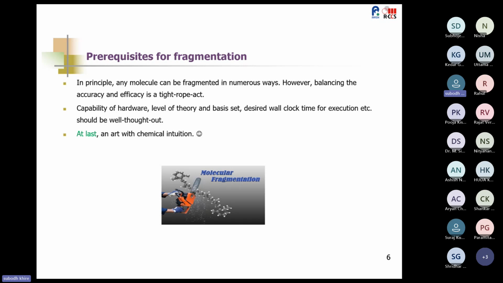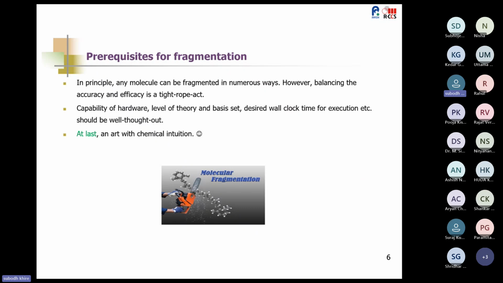So you can make the fragment as large as possible, considering your hardware capacity. If your hardware is strong enough to run the calculation on one fragment, you can go to that size.